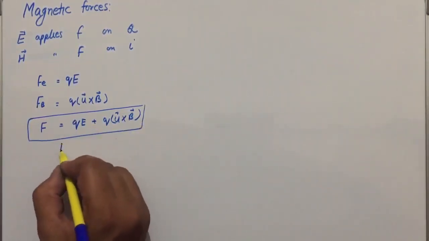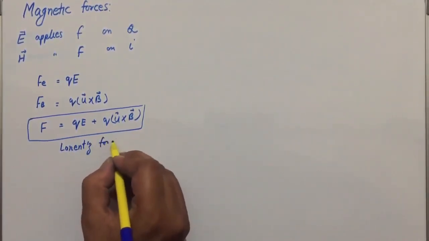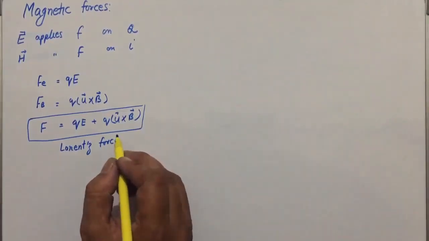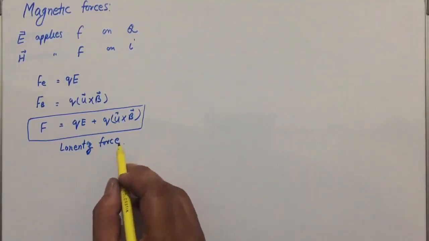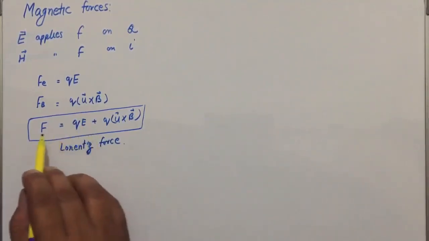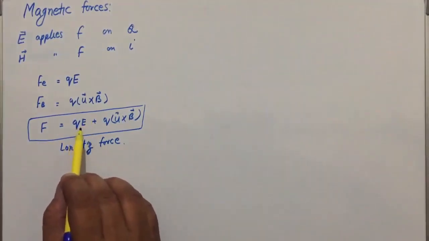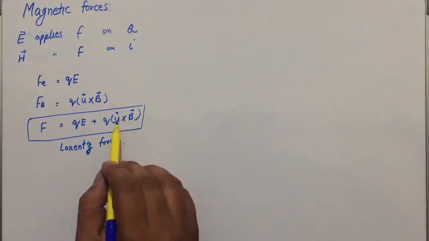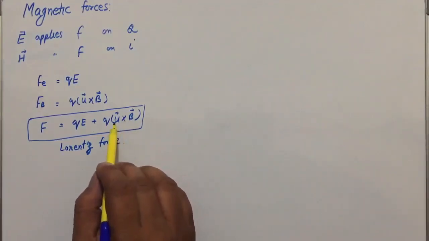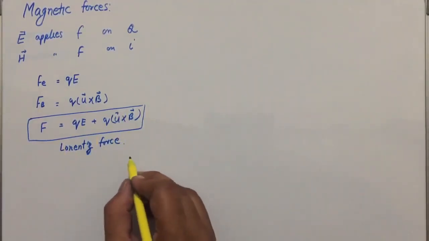It is the total force experienced by a charge Q when it is moving in magnetic field B with a velocity U.